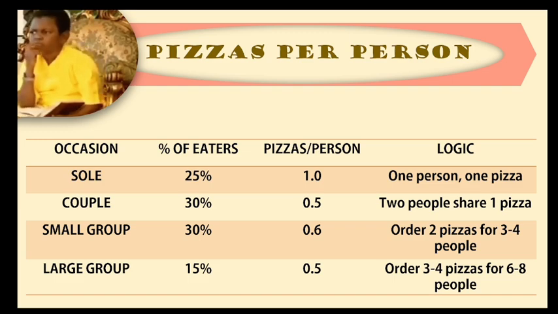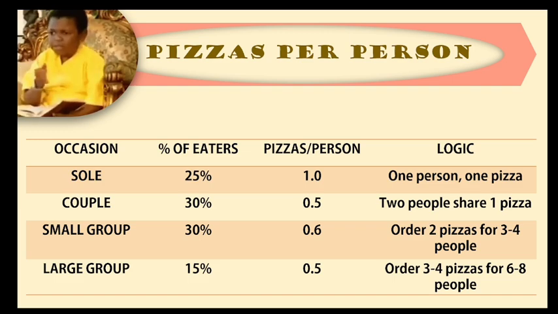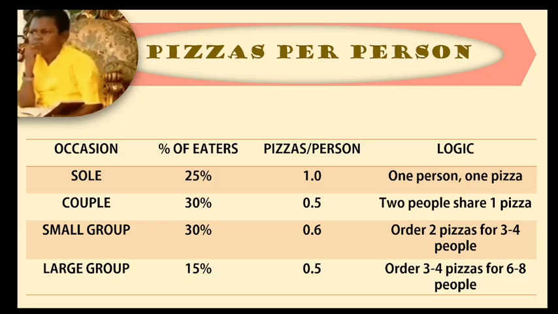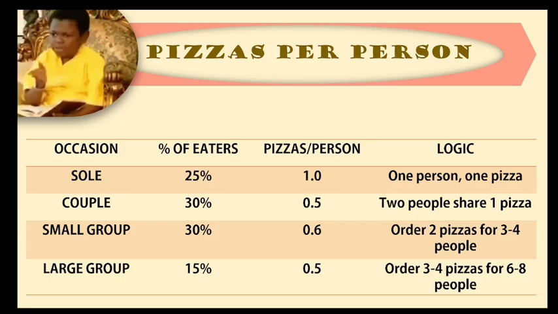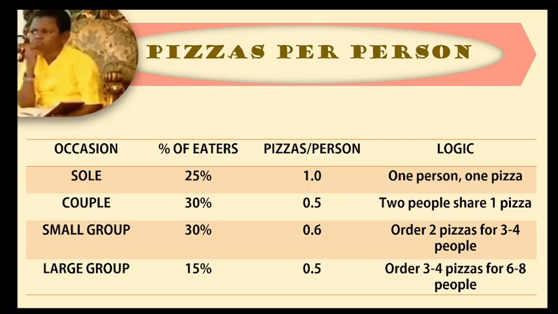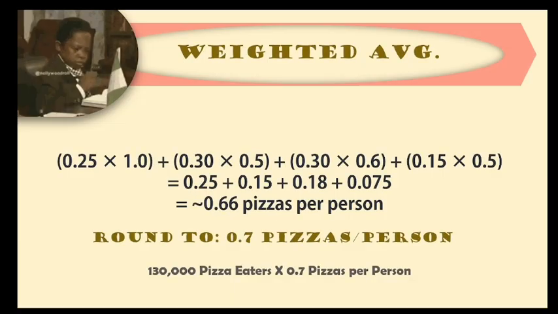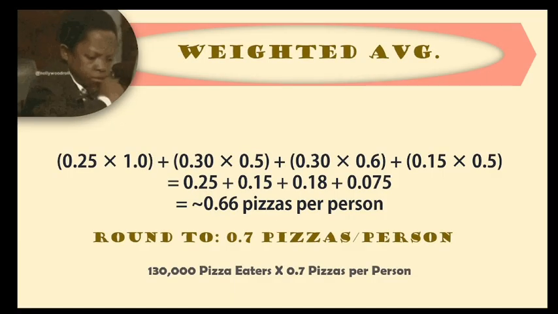When it is a small group, which represents 30% of total eaters, with 3 to 4 people ordering 2 regular or large size pizzas, each one gets 0.6 pizzas per person. And the large group with 6 to 8 people orders 3 to 4 pizzas, and each person gets 0.5.